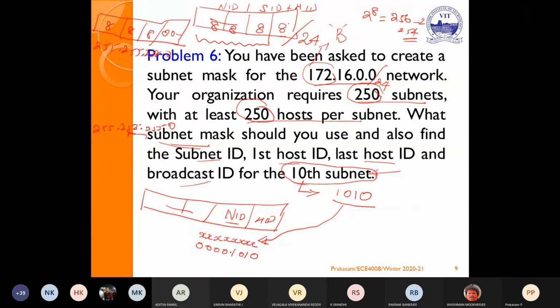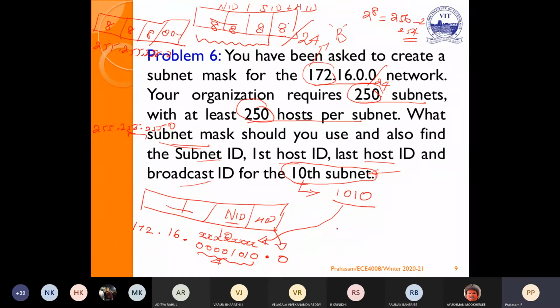So now if you're doing the AND operation, you will get 172 as it is, 16 as it is. Then last it is 0. Now, what is equivalent for this? 10.